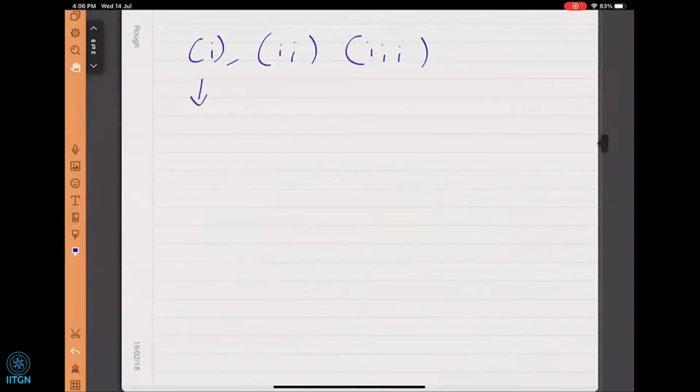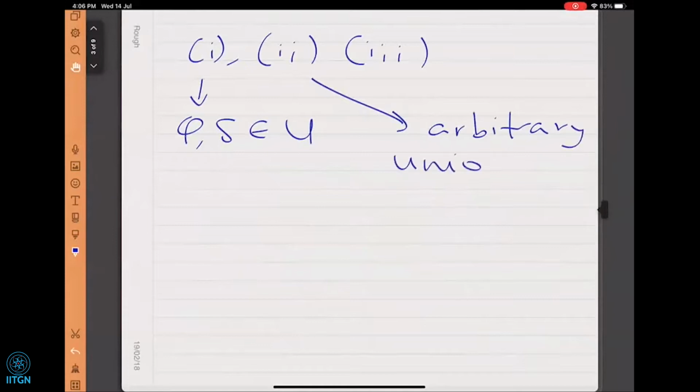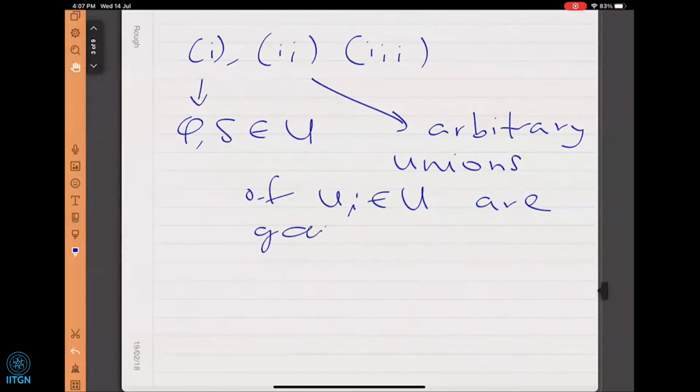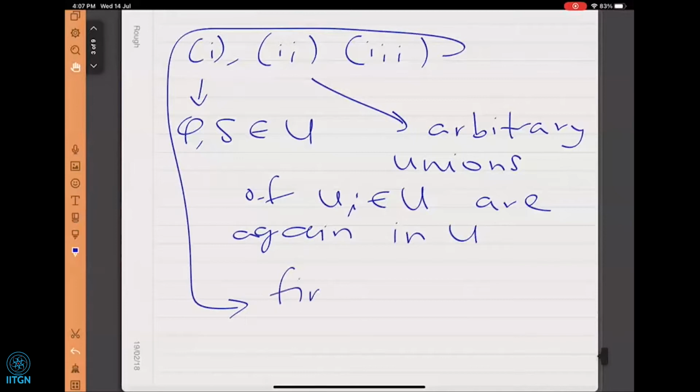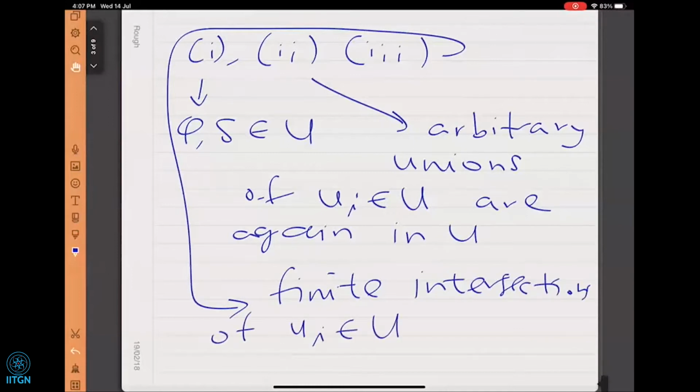So one was that phi and S are in the collection U. Two was that arbitrary unions of elements Ui in U are again in U. And three, sorry for this, was that finite intersections of elements of Ui are again in U. So those were the axioms.